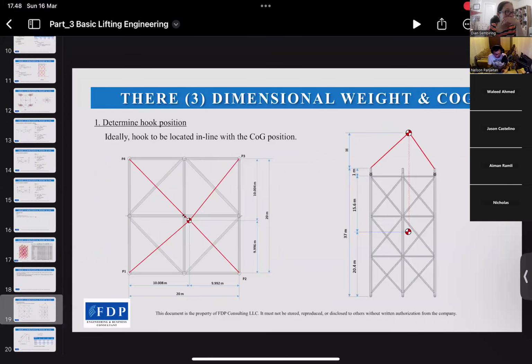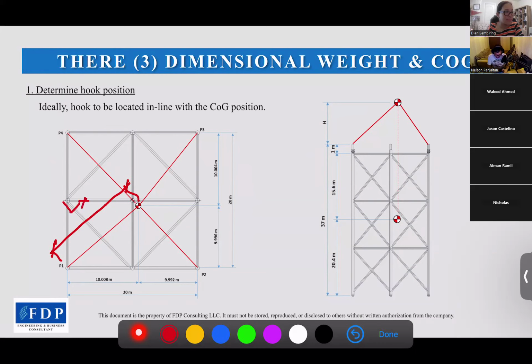Let's say this is the LX, that's for rigging 1, and for rigging 2 it is here, and rigging 3 is here, and rigging 4 is here. So that's the horizontal length of the rigging. How can we calculate the LX?